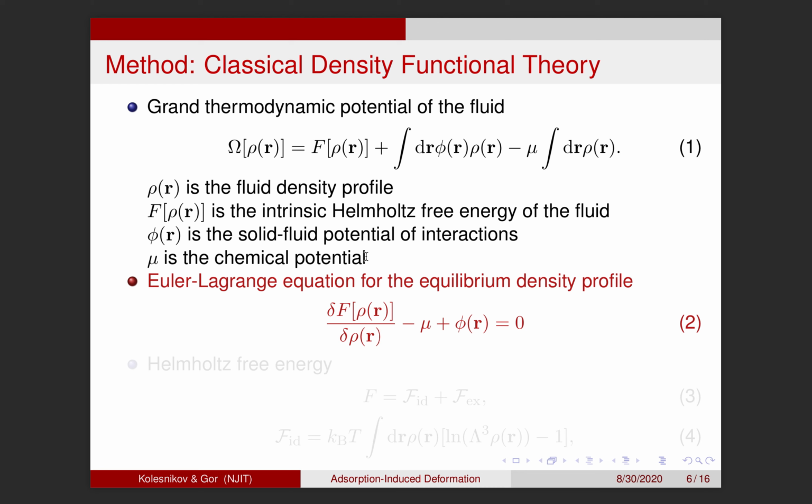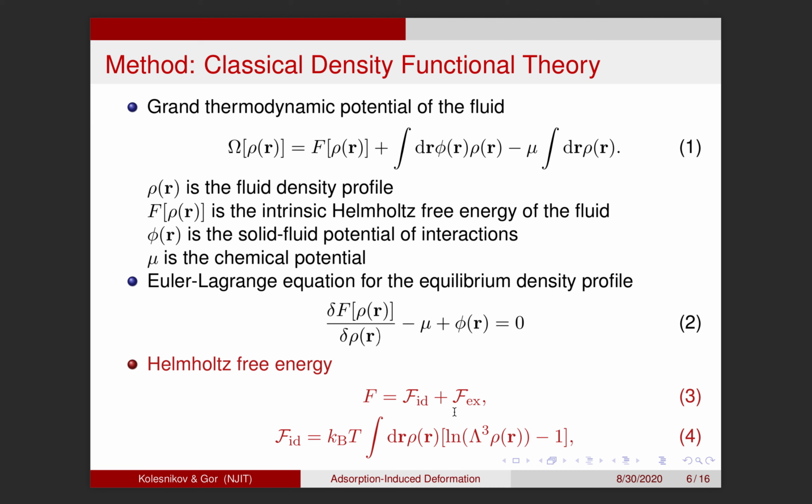And of course, the solution of these equations very strongly depends on the form of the Helmholtz free energy and the form of the external potential phi. So the Helmholtz free energy we present as two terms, the ideal term and the excess term.